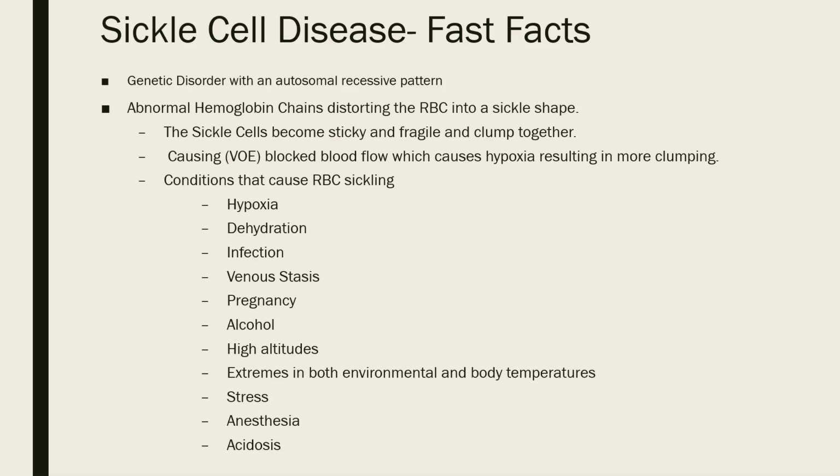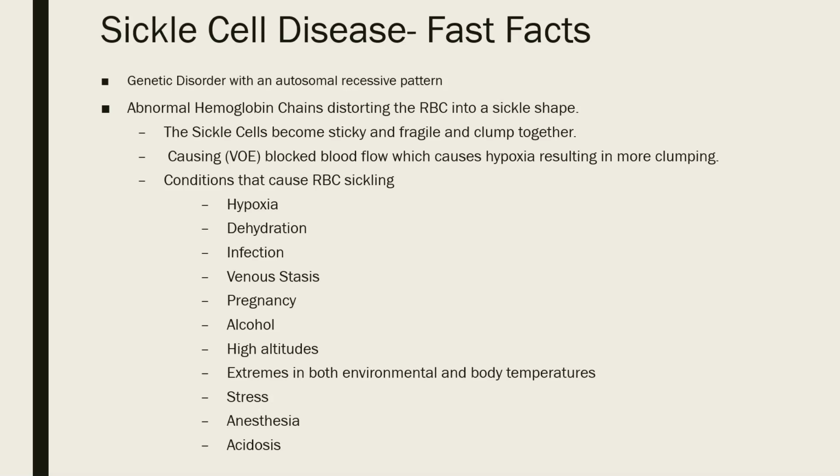If you see these sickled red blood cells, they become sticky and fragile and they all clump together. There are excellent pictures of that in your book. And this causes blocked blood flow, and with that comes hypoxia, resulting in more clumping.